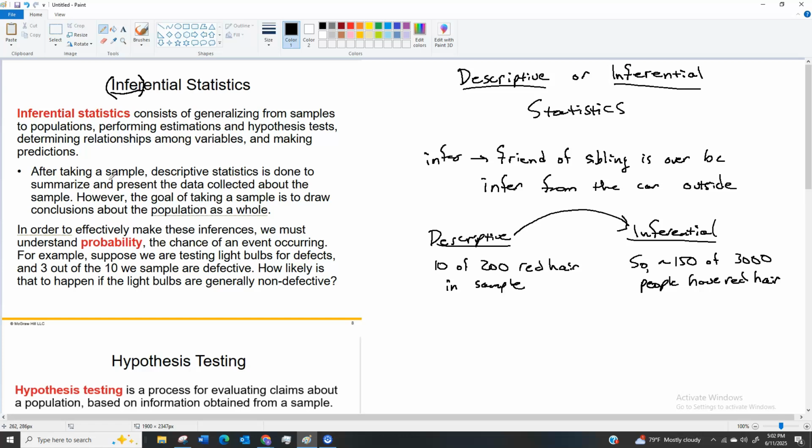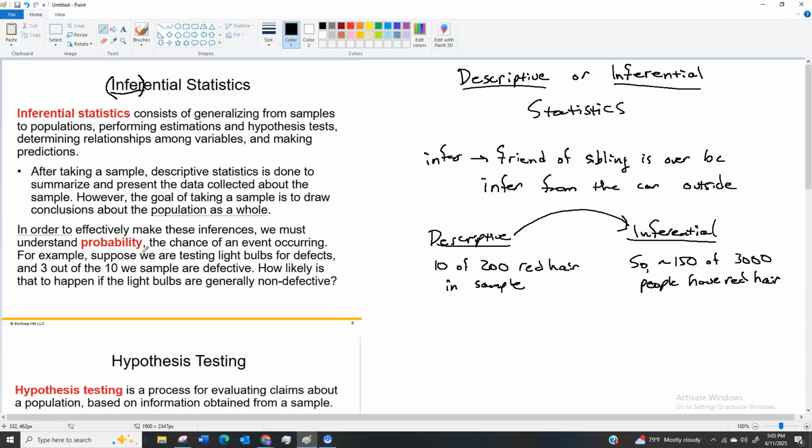So here's the example they say: after taking a sample, descriptive statistics is done to summarize and present it. I guess it's not an actual example. However, the goal of taking a sample is to draw conclusions about the population. And in order to effectively make these inferences, we must understand probability, which is the chance of an event occurring. So let's say we're testing light bulbs for defects, and we get 3 out of 10 light bulbs are defective. If light bulbs aren't generally defective, then we know, well, that's kind of unusual.